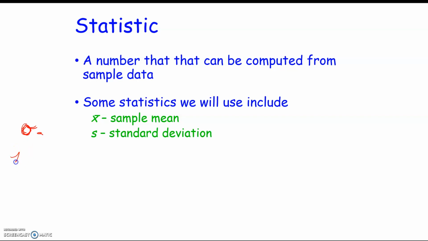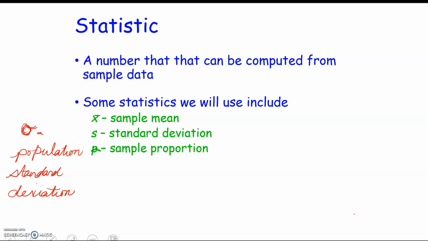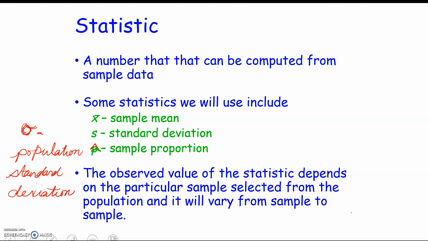This would be your population standard deviation. And this symbol, this little hat that should be over the p, is your sample proportion. And we will probably work on that a little bit later. So those are some of the statistics that we'll be looking at.